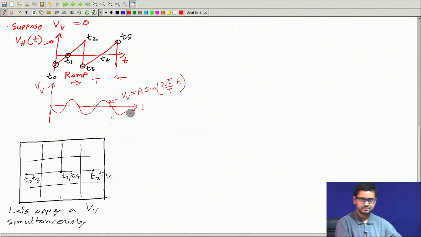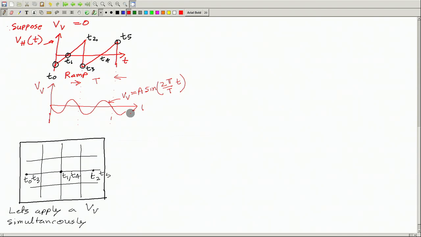This is how it varies. If so, how will the electron move? Let us see.